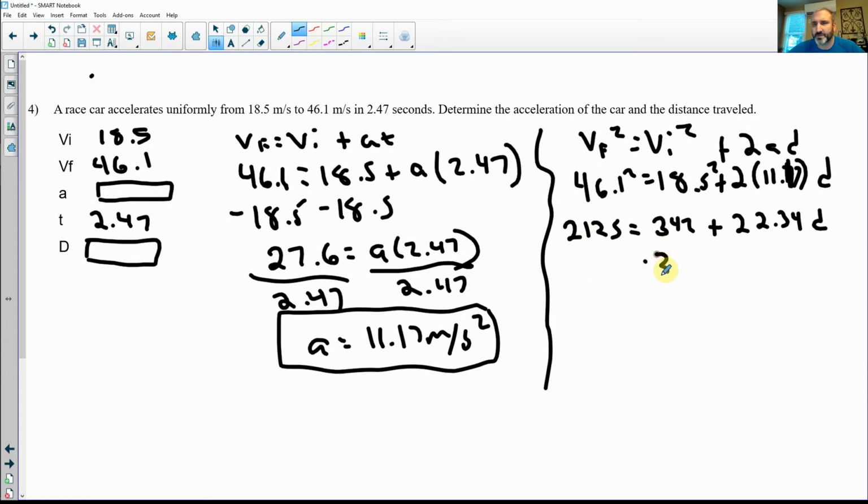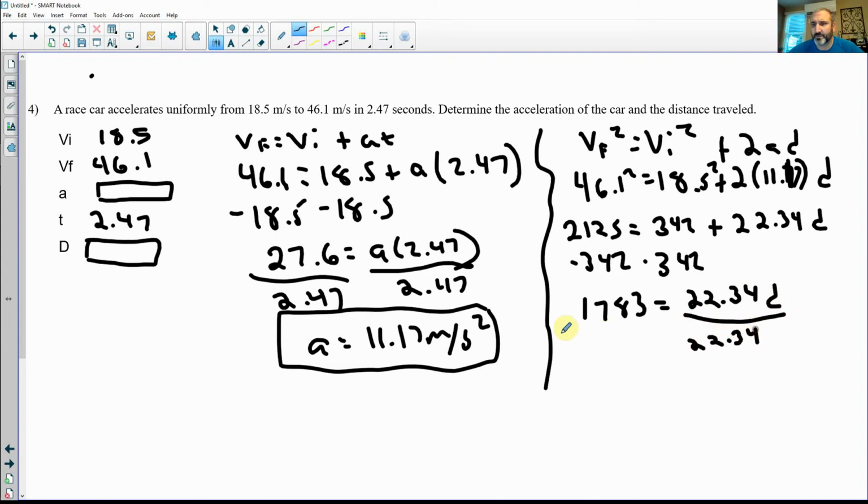Next thing we're going to do is subtract 342 from both sides. 2125 minus 342, 1783 equals 22.34 D. Divide both sides by 22.34 to have a D of 79.8 meters.